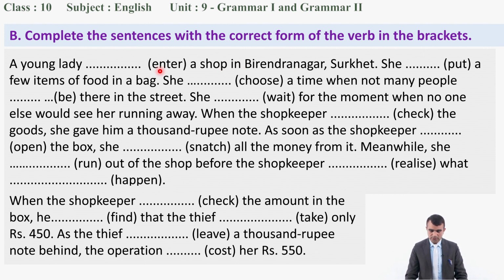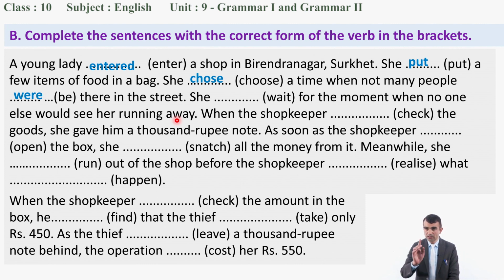Well, you write entered. She put a few items of food in a bag. See, put. Good. She chose a time when not many people were there in the street. So what do you use? Again simple past. She waited for the moment when no one else would see her running away.